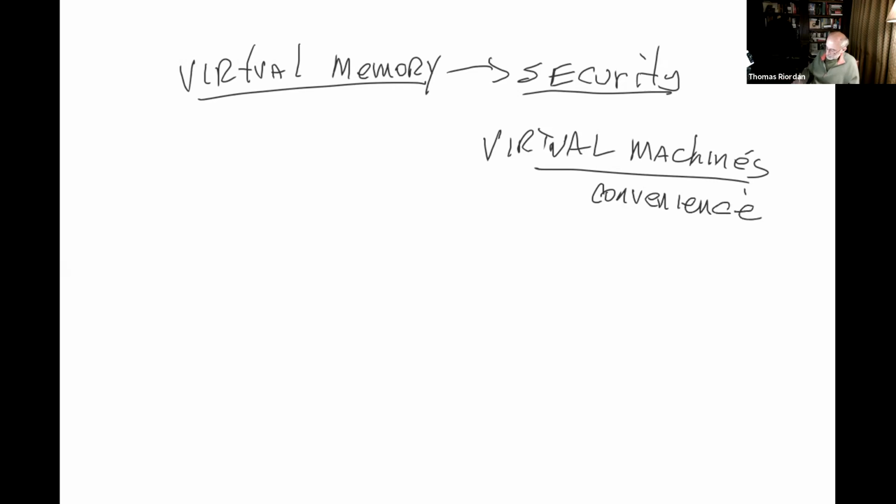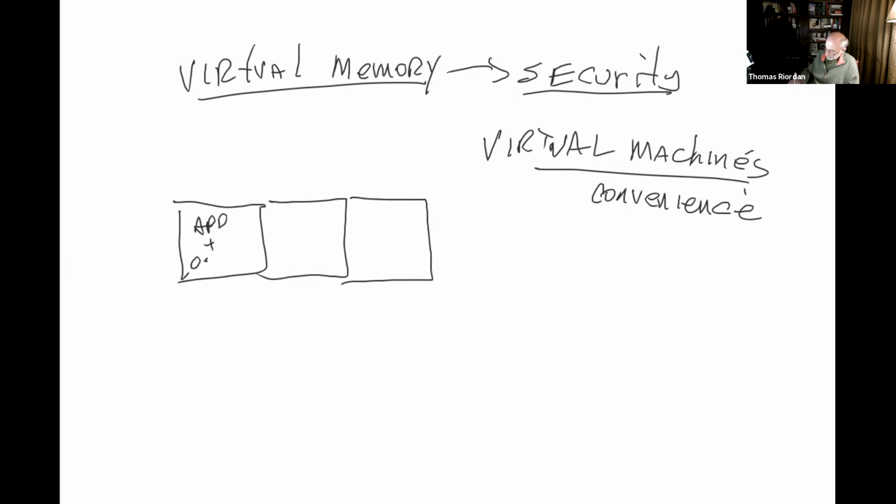And convenience, again, remember the thing that was convenient is that we said that we could have app 1 plus OS 1, app 2 plus OS 2, app 3 plus OS 3. 3 different operating systems, 3 different applications.